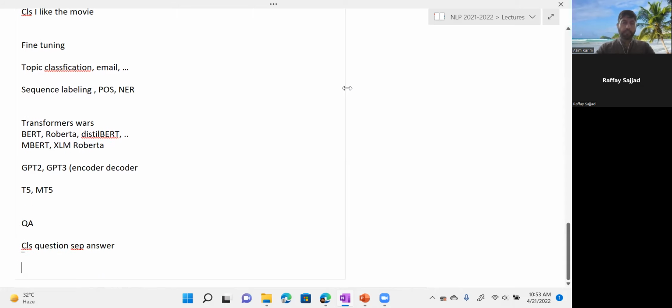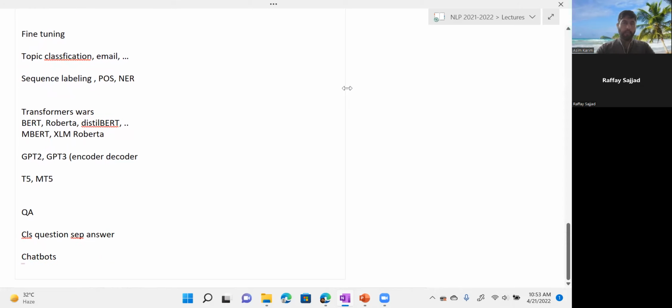So similarly for chatbots. Chatbots, of course, are a sequence of questions and answers or a conversation between two people or two agents. So here again, you have a CLS token, and then you have, let's say, the first person, the SEP, and the second person. So first person statement, second person statement, and you can continue.